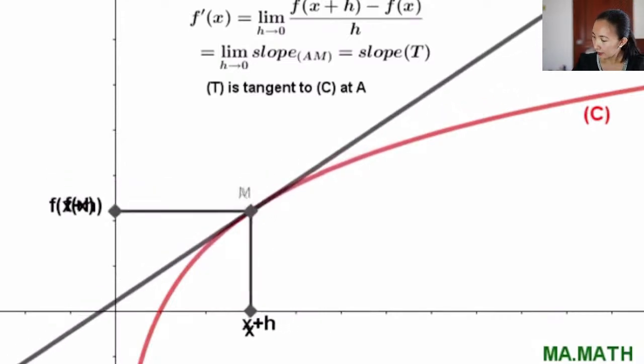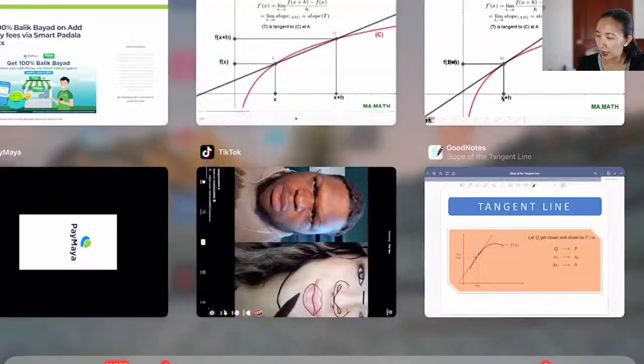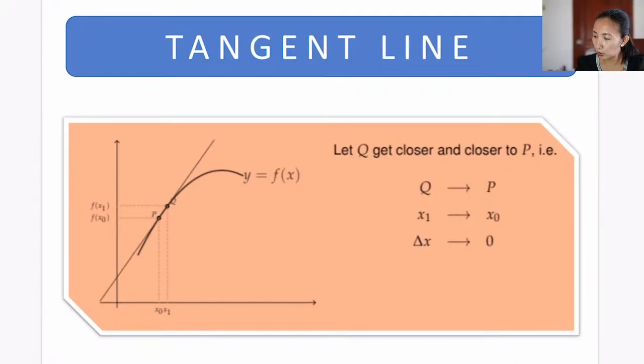Okay? That's the idea. So, from PQ, a while ago, Q was here. We try to draw the secant line, yung PQ, such that it gets closer and closer to the tangent line, which is our line L.